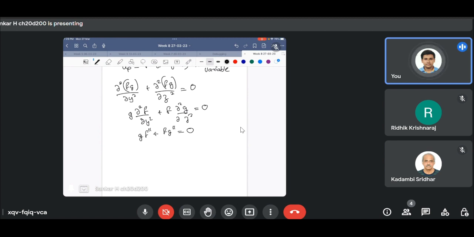And I am just rearranging this to write g f double dash is equal to minus f g double dash, and f double dash by f is equal to minus g double dash by g.